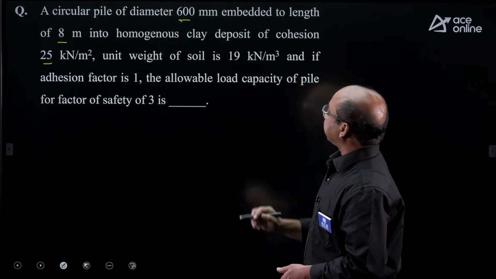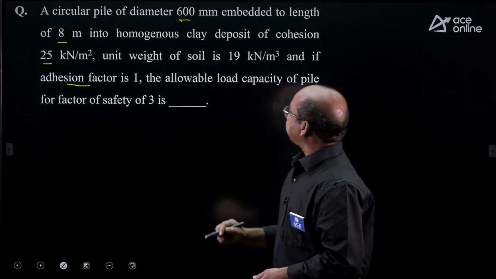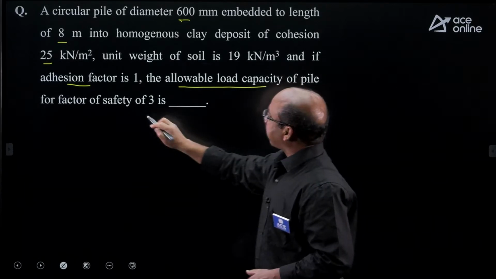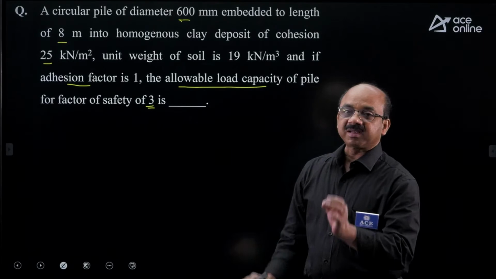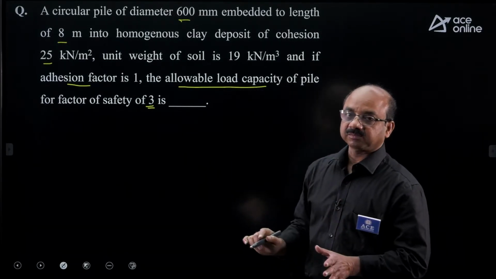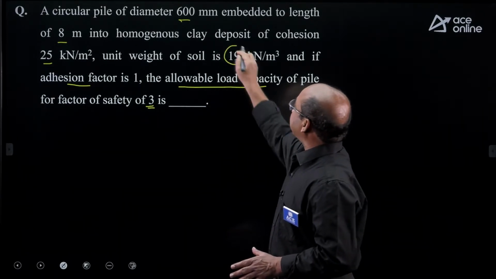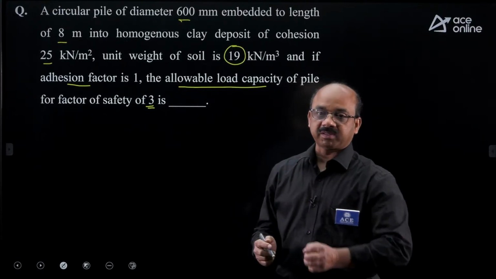The unit weight of the soil is given, and the adhesion factor, nothing but alpha, is given. The main question is, what is the allowable load capacity of the pile with a factor of safety of 3? Mind you, it is a clay soil. For this allowable load capacity calculation, the gamma of the soil may not be necessary because alpha is given here, so you have to use the alpha method.